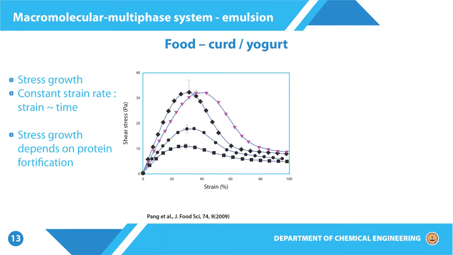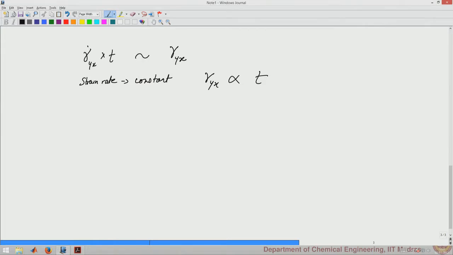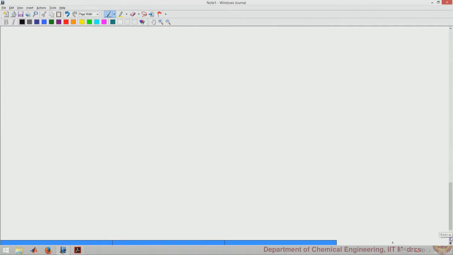It has multiple phases, in terms of water of course, and then fat. So, there are fat globules which are present in water.